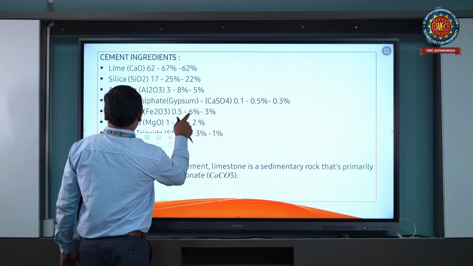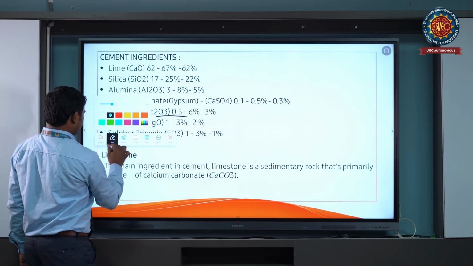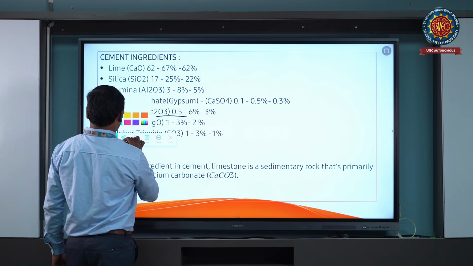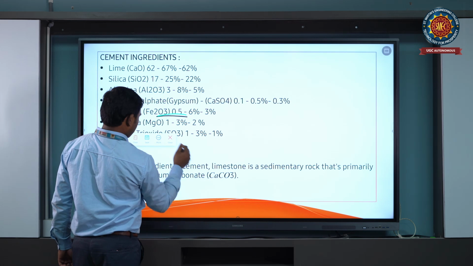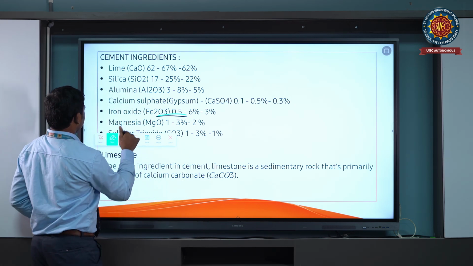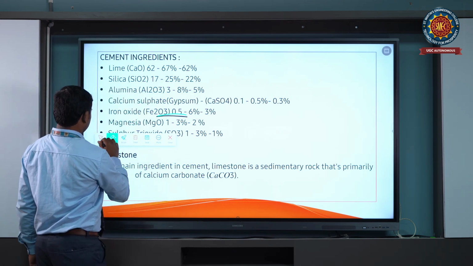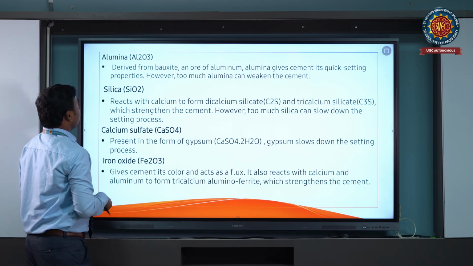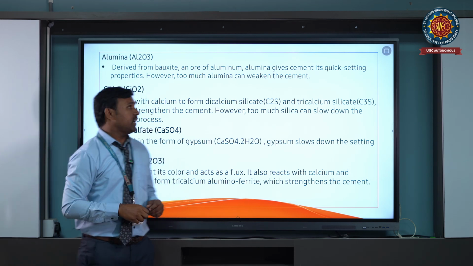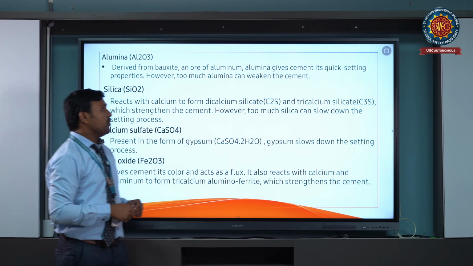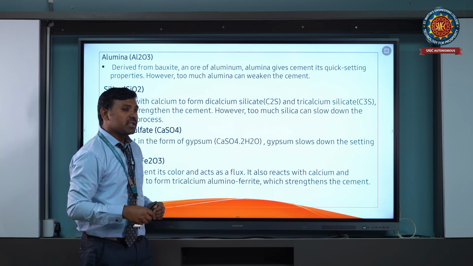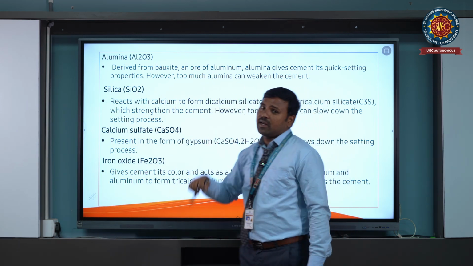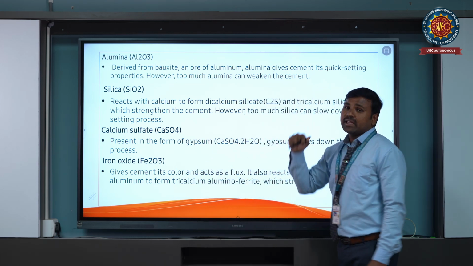Next, alumina. Alumina is derived from bauxite, the ore of aluminium. Alumina gives cement its quick setting properties. However, too much alumina can weaken the cement.